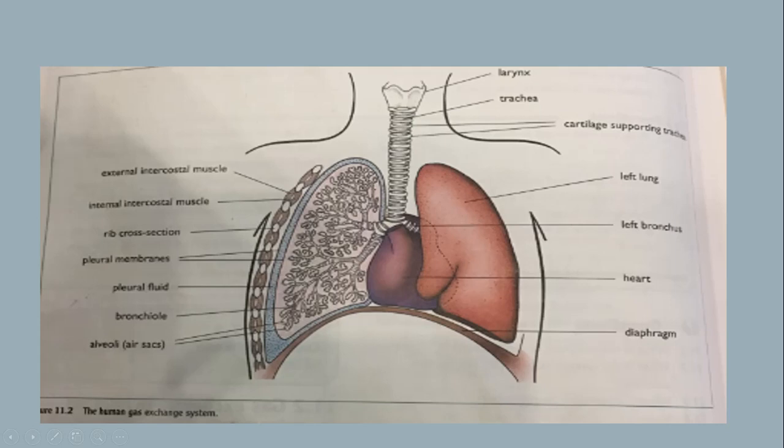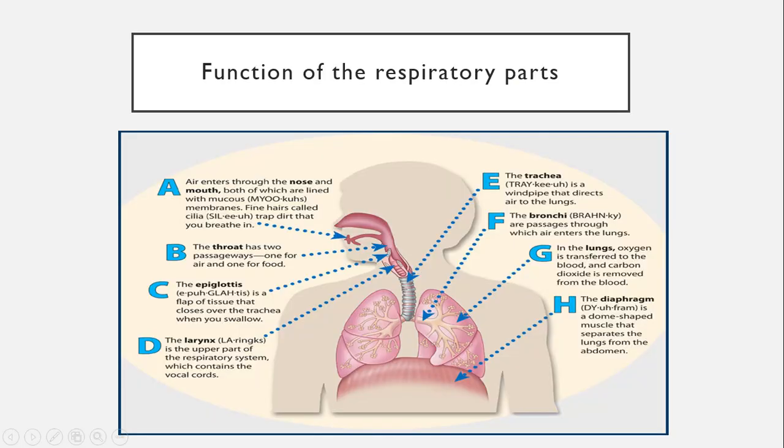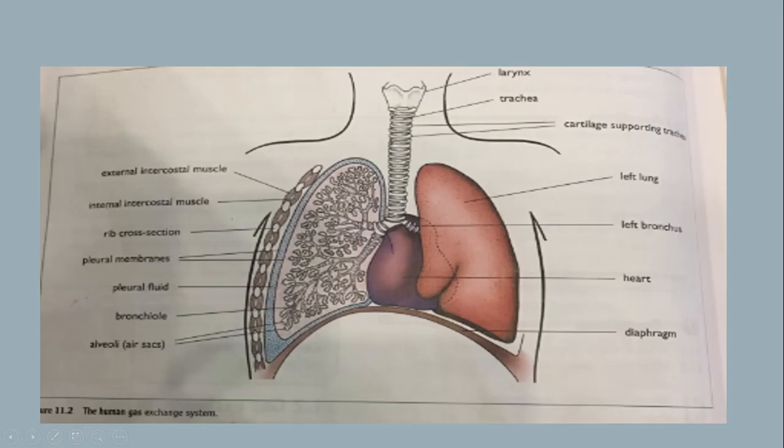The ones that are light, with white color, the circles here that are white, these are ribs. These are bones, not muscles. The ones that are darker are the muscles. They are found between ribs. That's why they are called intercostal. Inter means between.